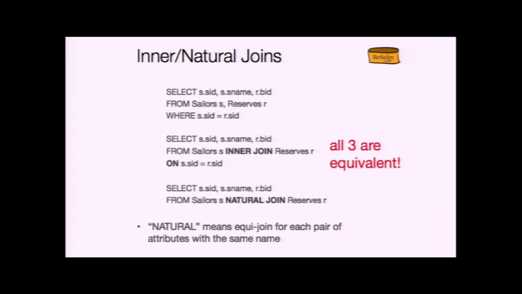And then lastly, natural join will automatically try to find all attributes that have the same column name and try to join them based on that. So in this case, sailors and reserves both have the key SID, and it would try to join them on that. Any questions on syntactical joining stuff?